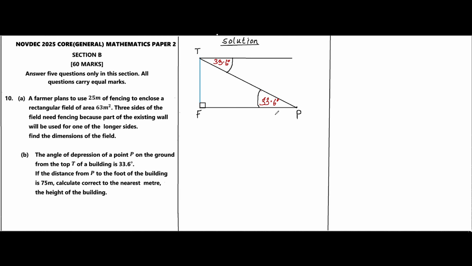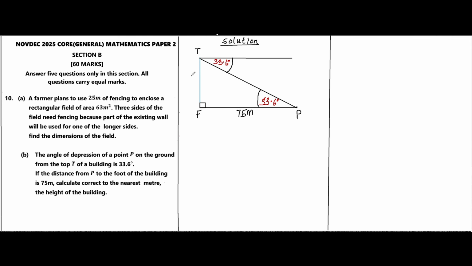And remember, we were told that the distance from P to the foot of the building measures 75 meters. So the distance from the foot of a building to P, 75 meters. So we are looking for the height of the building, that is line TF.